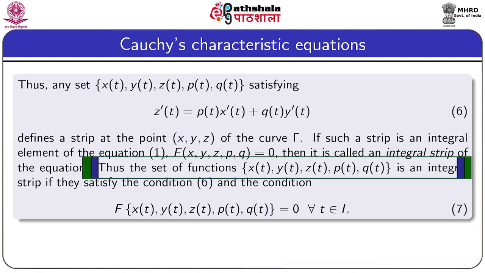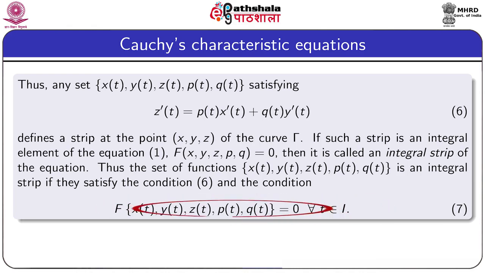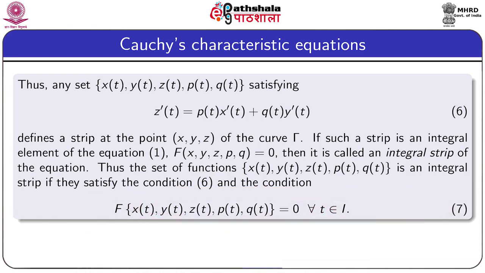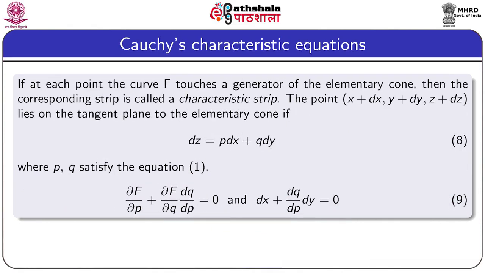Thus, the set of functions x, y, z, p, q is an integral strip if it satisfies condition 6 and the condition F(x, y, z, p, q) equals 0 for all t belonging to I. Now, we are in a position to find the solution of a Cauchy problem. If at each point the curve gamma touches a generator of the elementary cone, then the corresponding strip is called a characteristic strip.